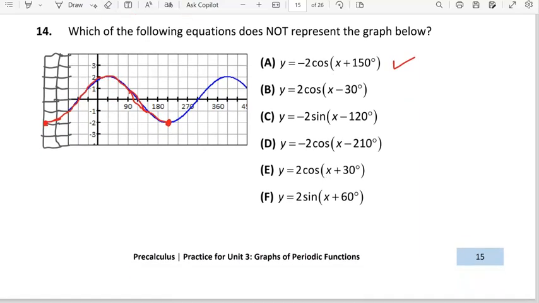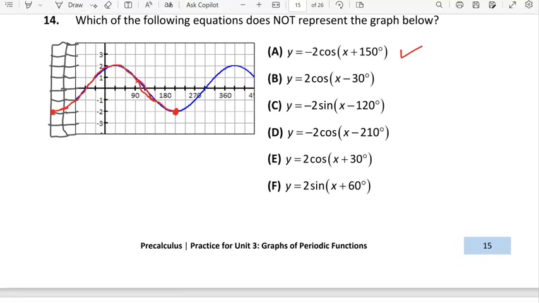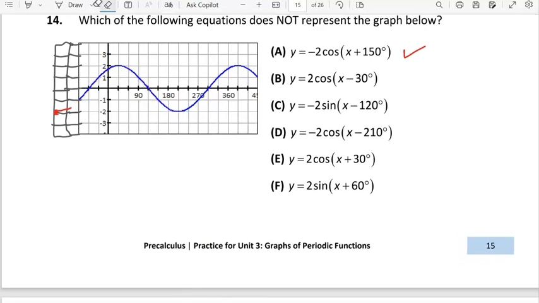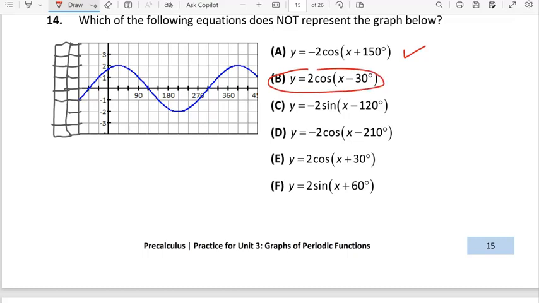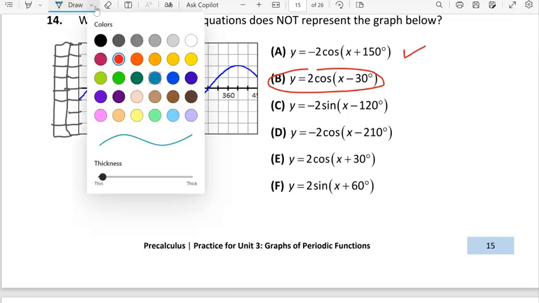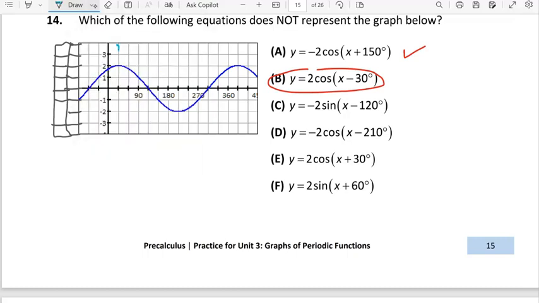All right, let's take a look at the other answer choices. So now the next answer choice, y equals 2 times the cosine of x minus 30. So this would be a phase shift of 30. So our new y-axis would be at x equals 30.